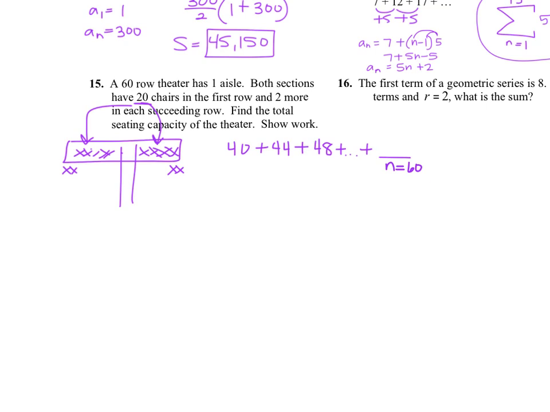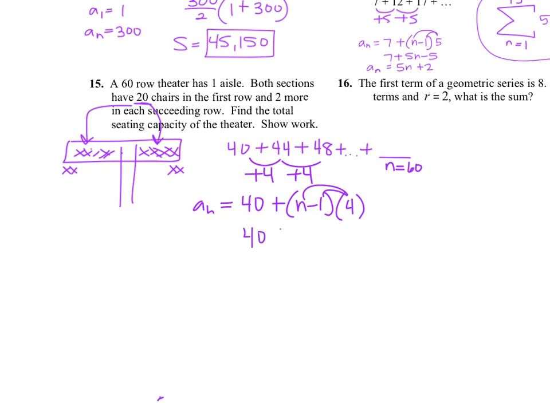We're going to start by making an explicit formula. Notice we're adding 4 each time. So that's arithmetic. So we would say a sub n equals the first term plus n minus 1 times the common difference. Okay, and when you do that, now we can distribute and simplify.